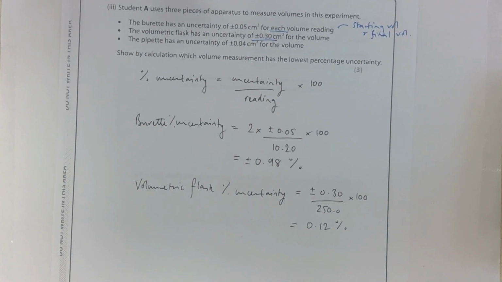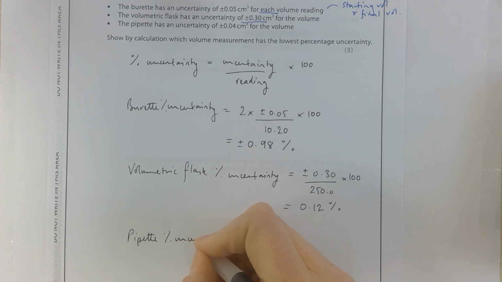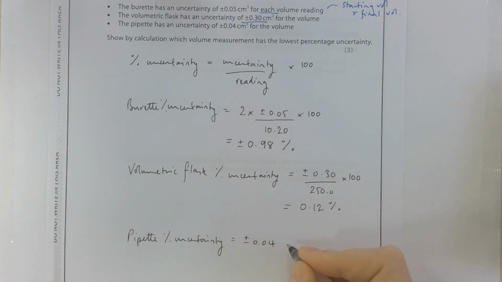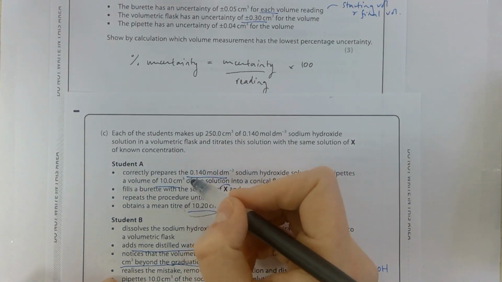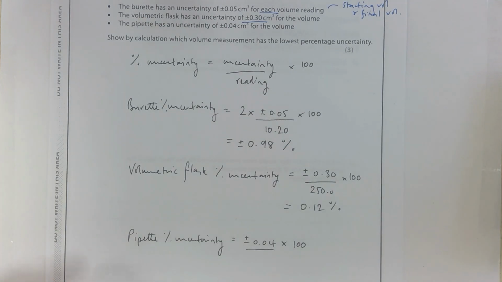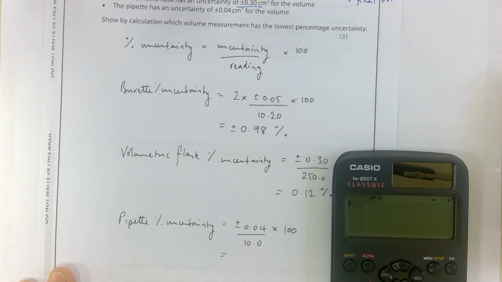And then final one is our pipette. Again, only one reading, so we do plus or minus 0.04, and we need to look up what the volume was in the pipette. So back to student A, and they take 10.0 cm³ with the pipette. So we're dividing by 10, and in our calculator that is 0.04 divided by 10 times 100. And that's 0.4%.